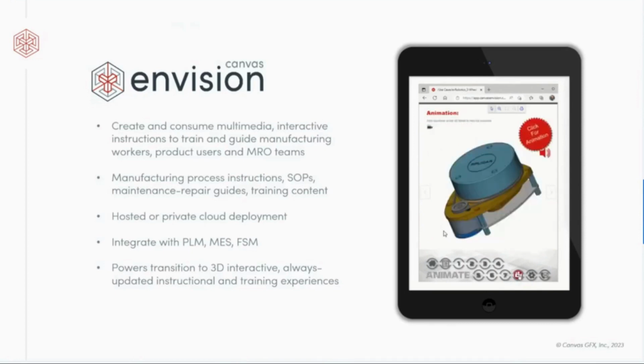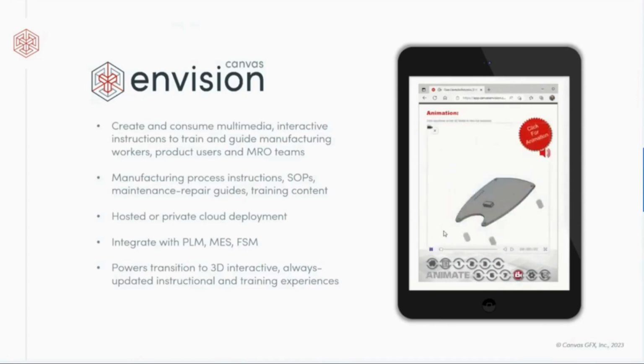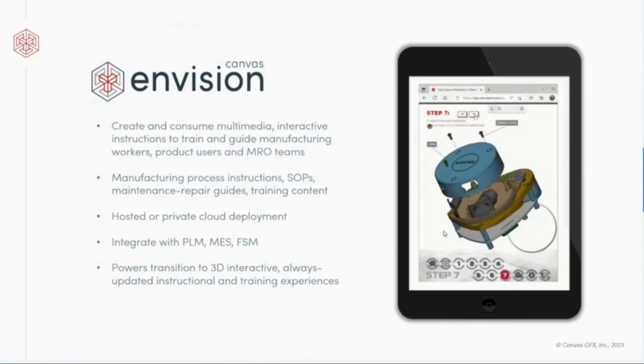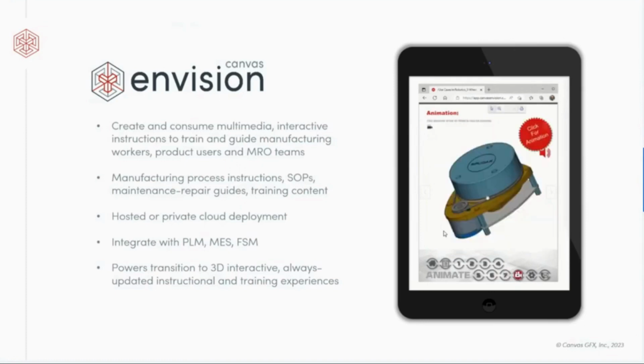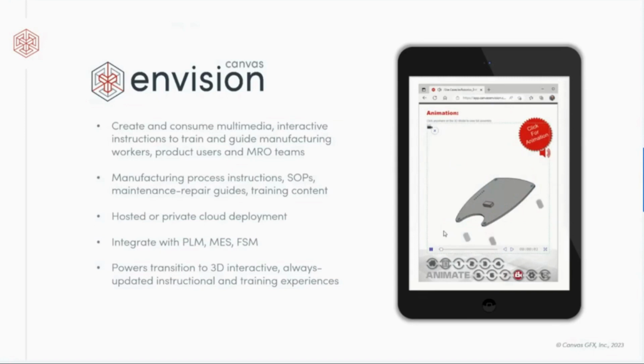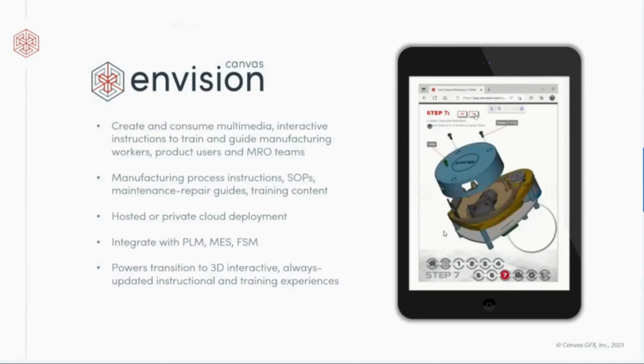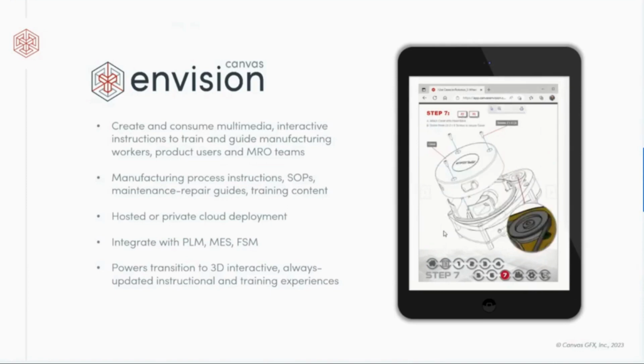And we're growing our integration network. Our first large integration is into Aras Innovator, which is what we're presenting today. And what we are really powering is this transition to 3D interactive model-based documents that are easy to update. And we'll get more into this.